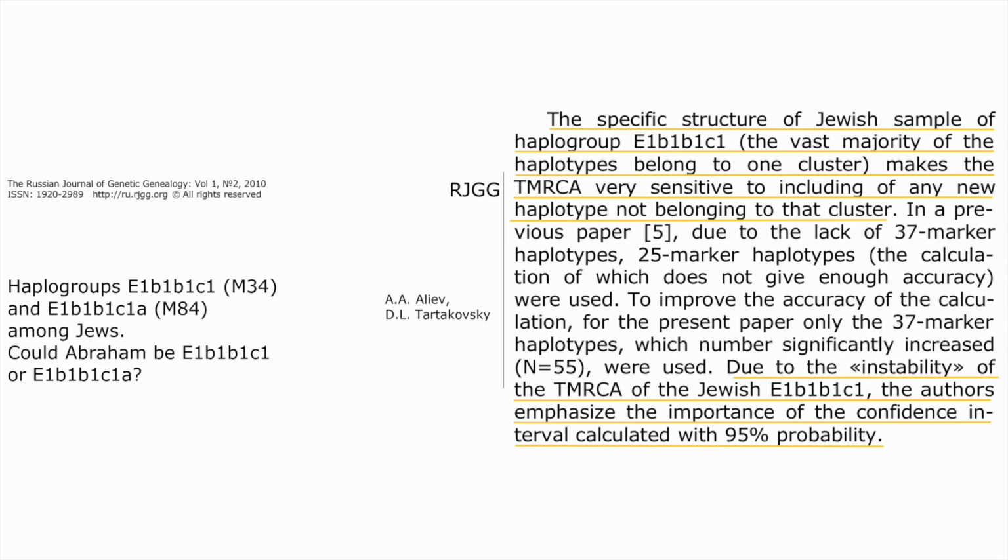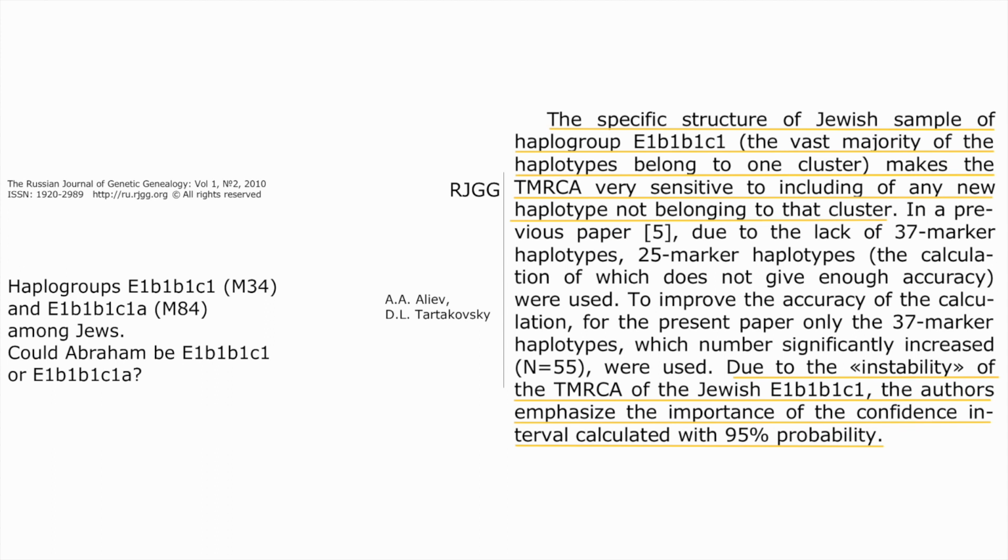The specific structure of the Jewish sample of haplogroup E1b1b1c1, where the vast majority of the haplotypes belong to one cluster, makes the TMRCA very sensitive to the inclusion of any new haplotype not belonging to that cluster.